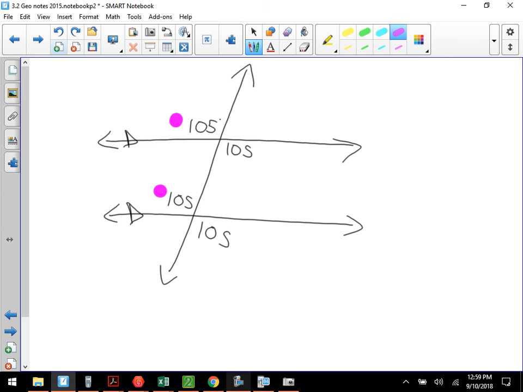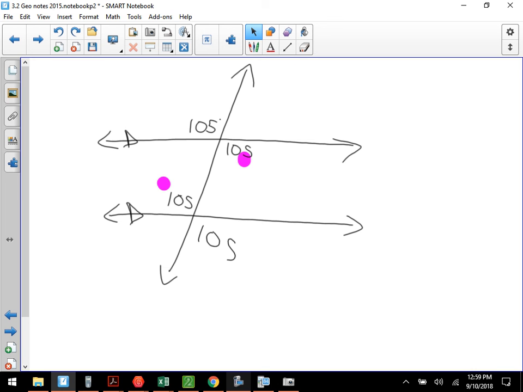Now, as you go back through all this, what angle pair is that? Alternate exterior. Are those the same numbers? Yeah, they're congruent, but they're corresponding. They're in the same position. Same thing here, those two are alternate interior.